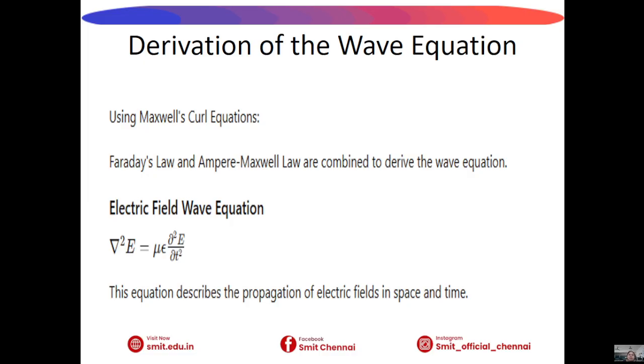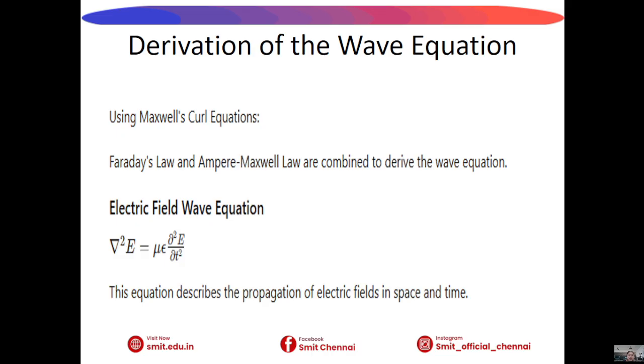Next, we see about the derivation of the wave equation. Using Maxwell's equations, we can derive the electromagnetic wave equation. The derivation involves combining Faraday's law and the Ampere-Maxwell law. By taking appropriate curl operation and applying vector identities, we obtain a second order differential equation.